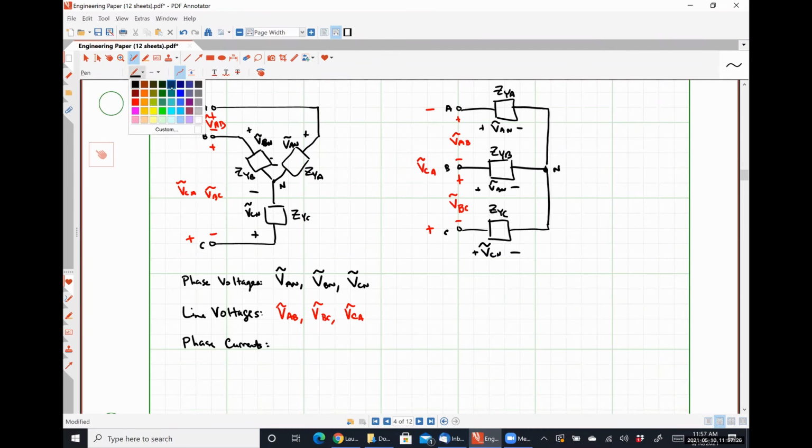That's always going to be true. Phase currents and phase voltages are going to be the exact same subscripts. Just one's going to be V for voltages, obviously, and the other one's going to be I for currents. So that would be IAN, IBN, and ICN.